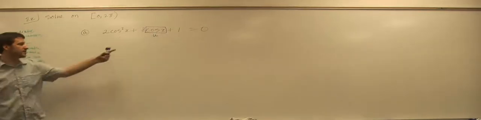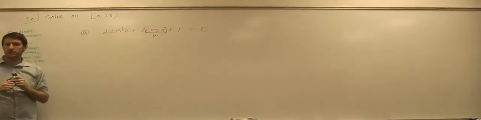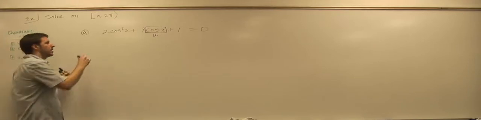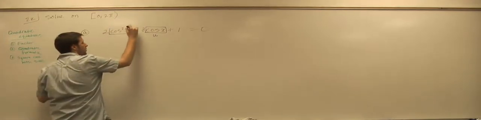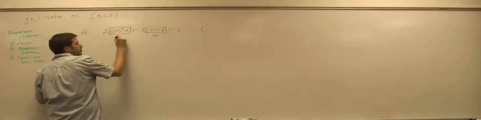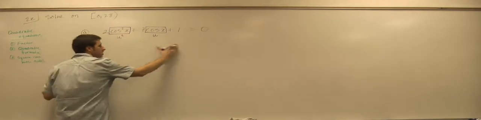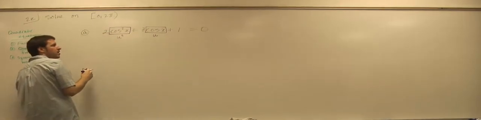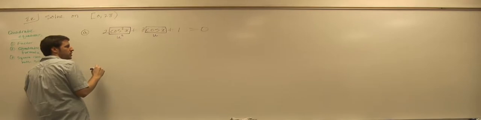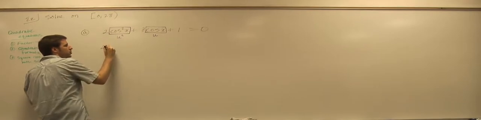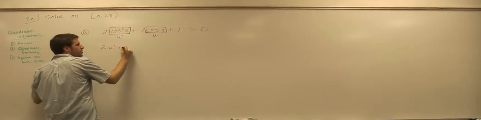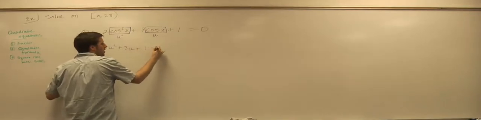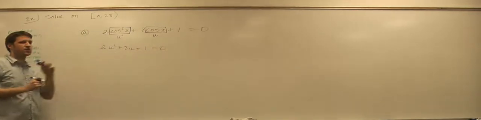I don't want to use x because x is right here. It's like some u. Then what would this cos squared be equal to? U squared. So really the equation at its heart, if you cut out the trig portion, the equation is just 2u squared plus 3u plus 1 equals 0. And this you can solve.